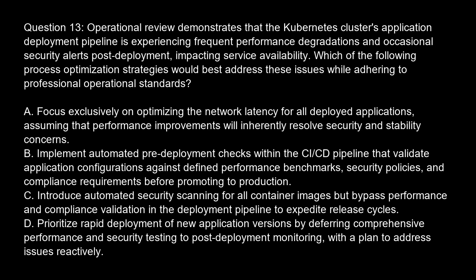Option C. Introduce automated security scanning for all container images, but bypass performance and compliance validation in the deployment pipeline to expedite release cycles. Option D. Prioritize rapid deployment of new application versions by deferring comprehensive performance and security testing to post-deployment monitoring, with a plan to address issues reactively.